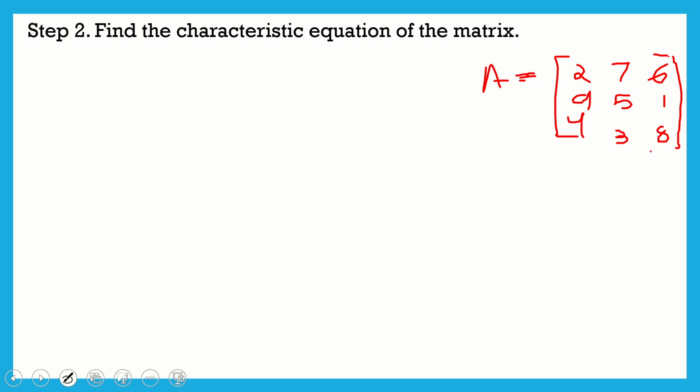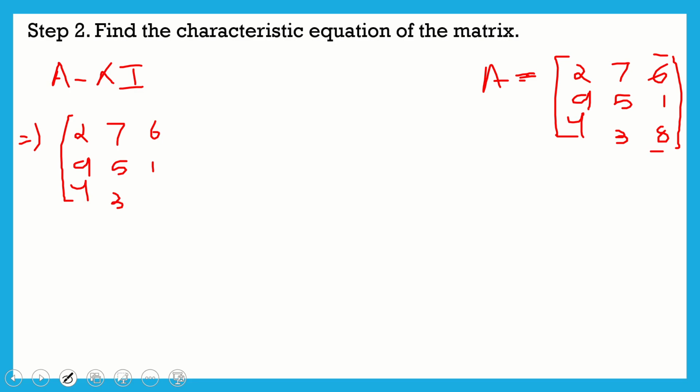I think it is visible to you. First of all I will find A minus lambda I. You also do it with me, then you will be able to understand. So 2 7 6, 9 5 1, 4 3 8.